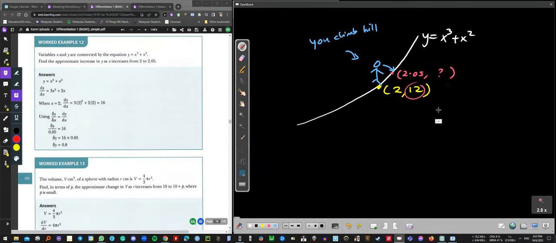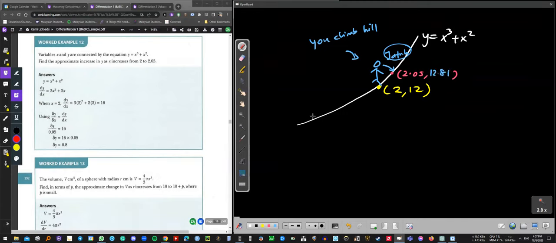Okay, berapa Y kalau kita nak tahu kat sini? Kalau you masuk 2.05, apa jadi dekat Y dia? Cuba pakai calculator. Berapa Dina? Dapat apa?